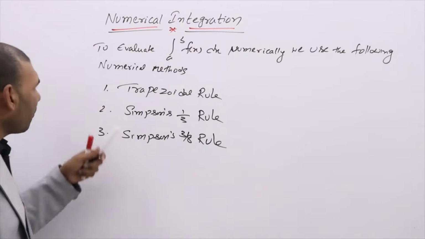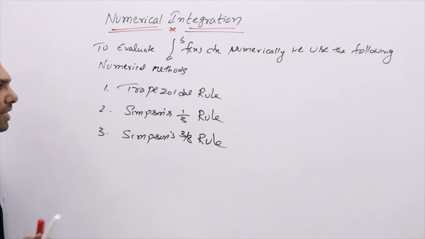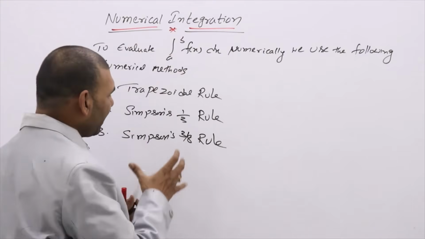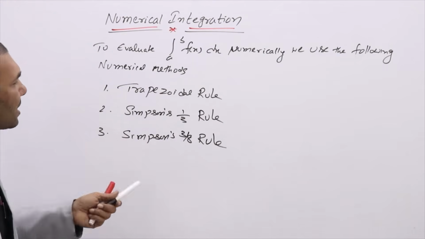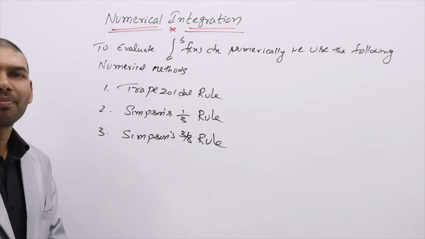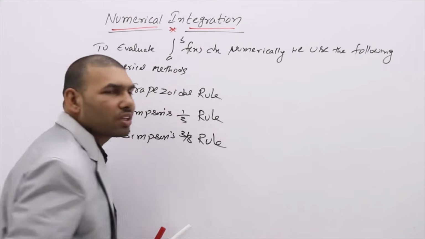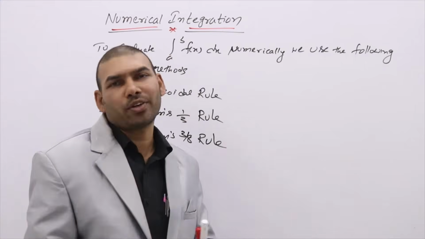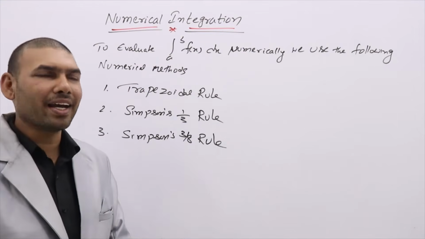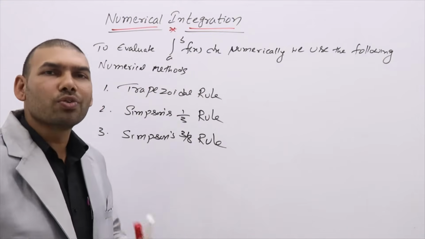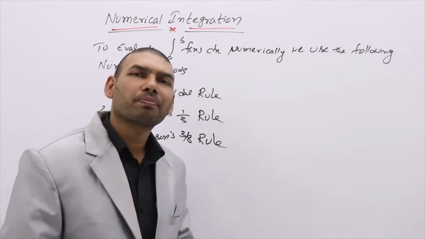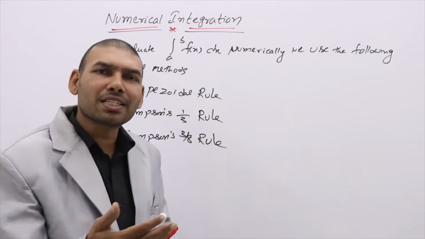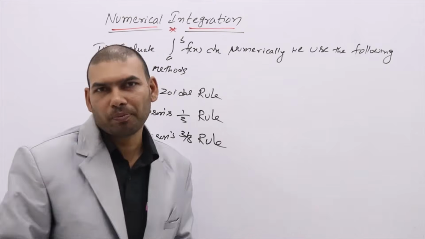Coming to numerical integration, out of these three, the best method is Simpson's 3/8, because it gives the answer closest to the actual. As I said earlier, all these methods give approximate answers. These approximate answers are close to the actual.